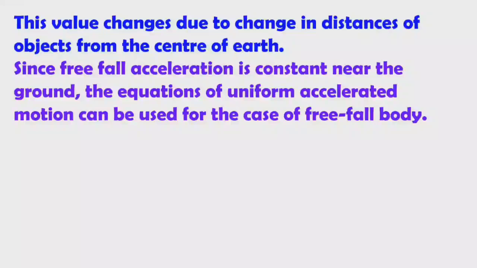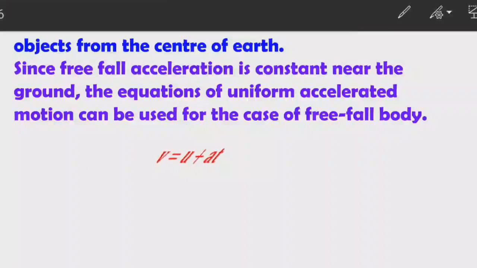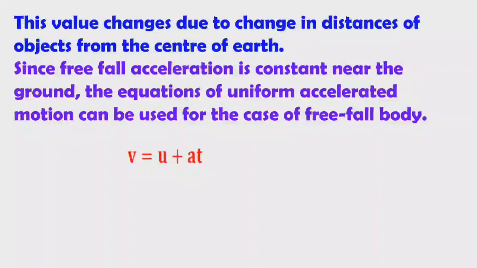The equations of uniformly accelerated motion can be used for the case of a free falling body. Already you know these equations. V is equal to u plus at. S is equal to ut plus half at square.